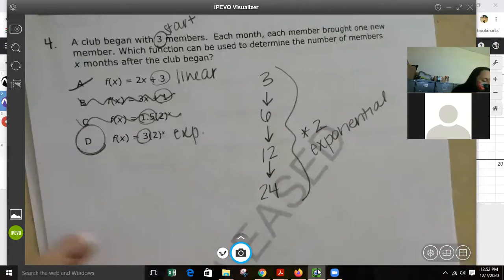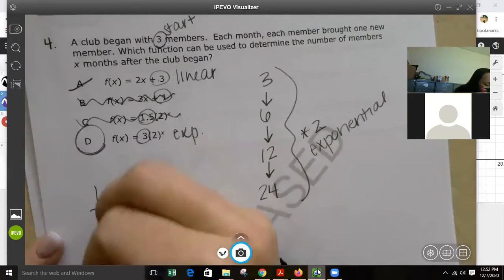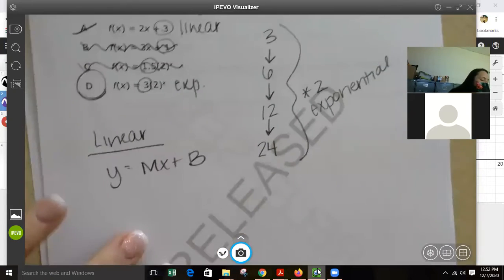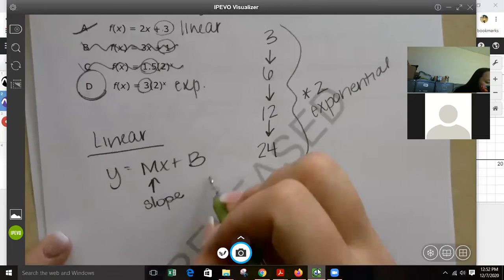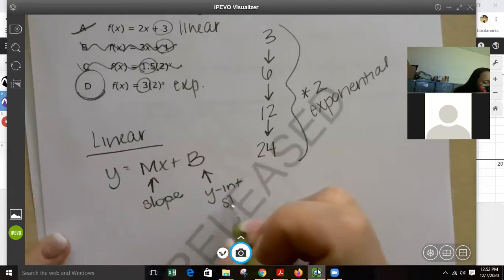Okay, so let's look at it this way. Linear, remember, is y equals mx plus b. This is just some notes for you. M is your slope. B is your y-intercept or your start.